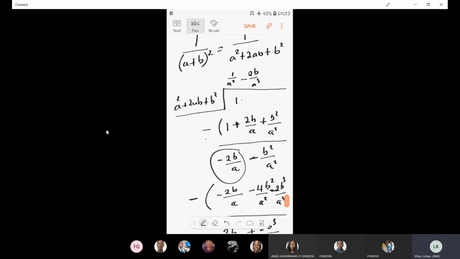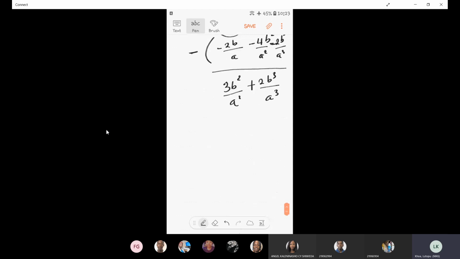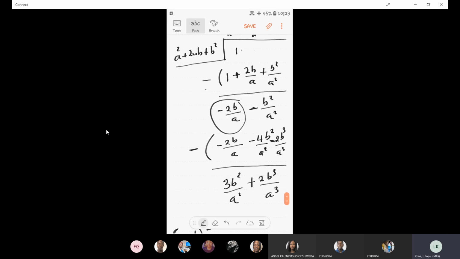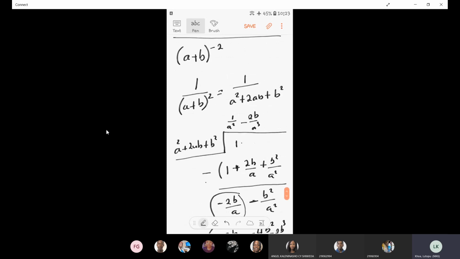So this division over here, if I were to write it, or this expansion rather, this is a plus b to the power of minus 2. This is just equal to, so I take the terms that I have on top over here, like I did with my partial fractions.